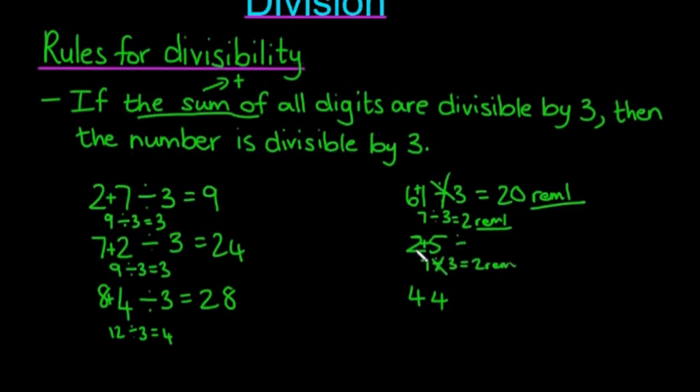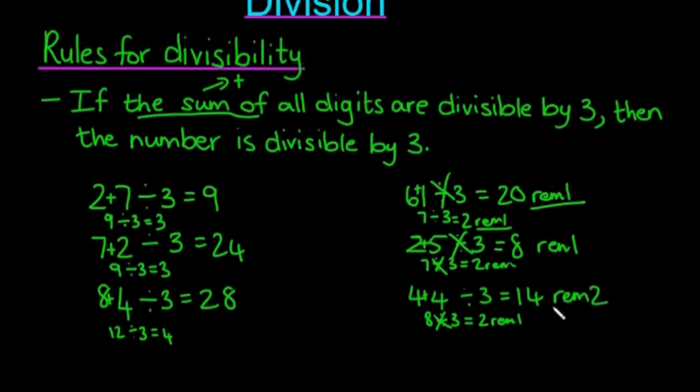And if I divide 25 by 3, I'm going to get the answer of 8 with a remainder of 1, which means that 25 is not divisible by 3, as well as 44, because 4 plus 4 is equal to 8, and 8 divided by 3 is equal to 2 remainder 1, which means that 8 is not divisible by 3, and 44 divided by 3 is equal to 14 with a remainder of 2, and that remainder means that 44 is not divisible by 3.